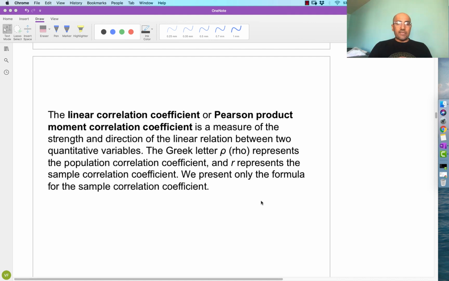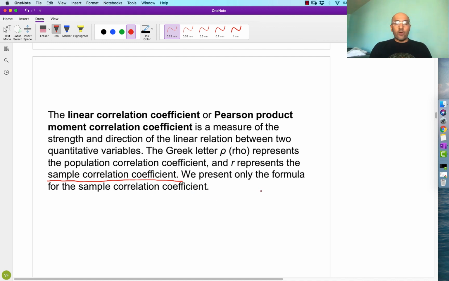So for us in this class, at least right now, we are only going to be focusing on R, which represents the sample correlation coefficient. We don't really work with calculating the population correlation coefficient at this point, right?